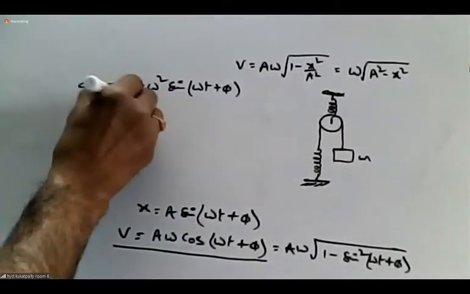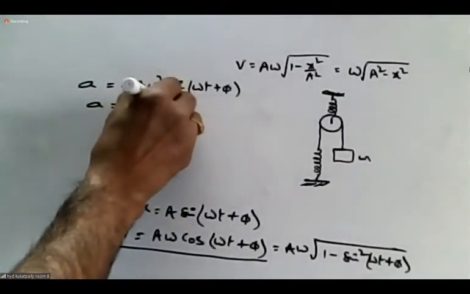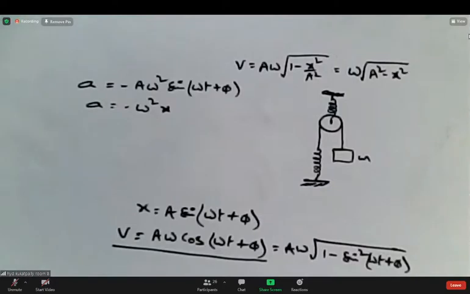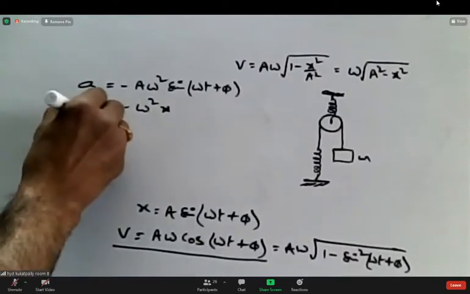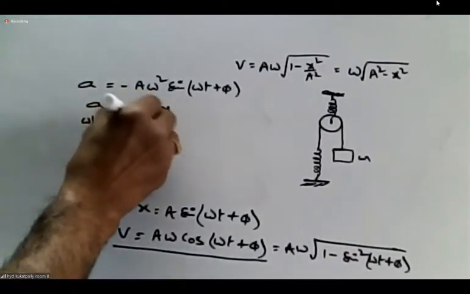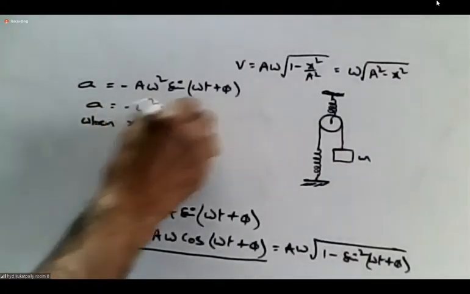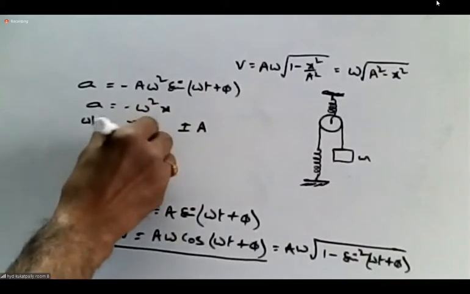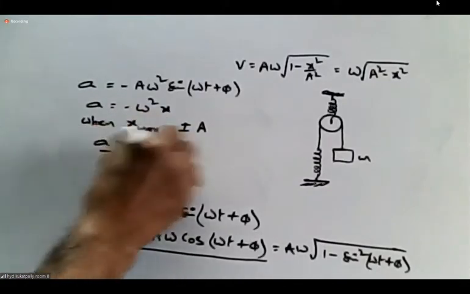So a equal to minus omega square x. When x is maximum, plus or minus a, acceleration is omega square a, maximum.